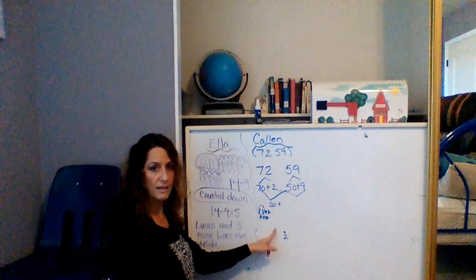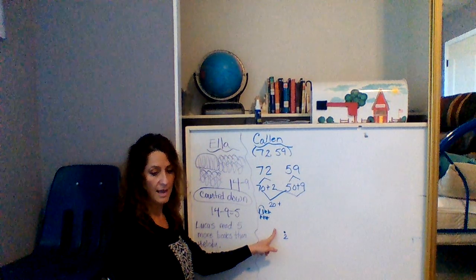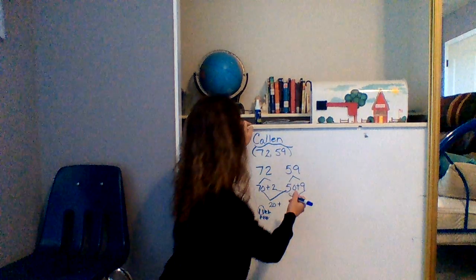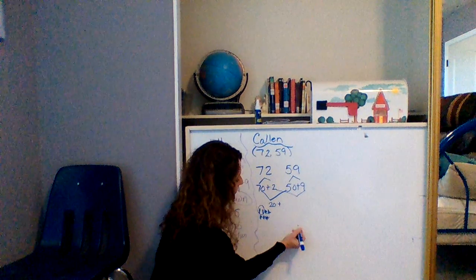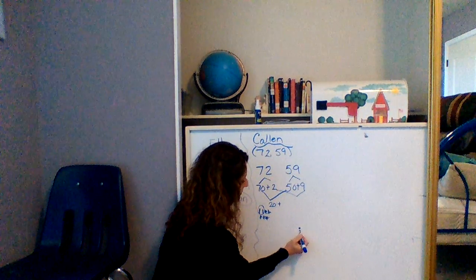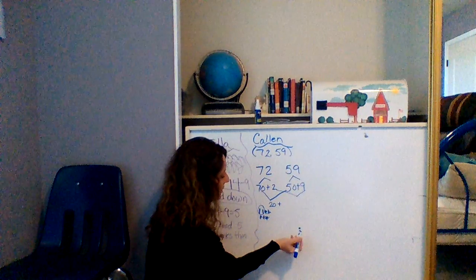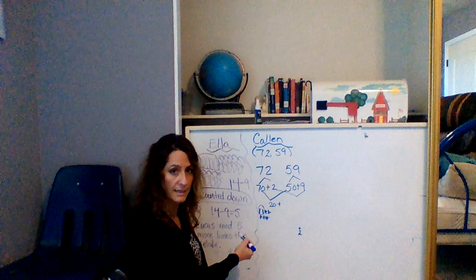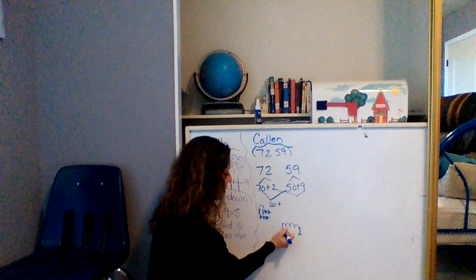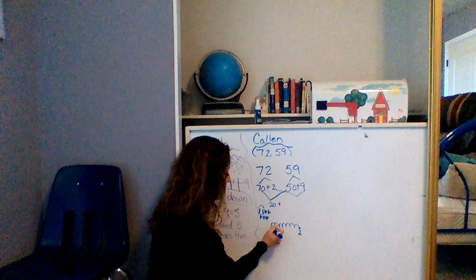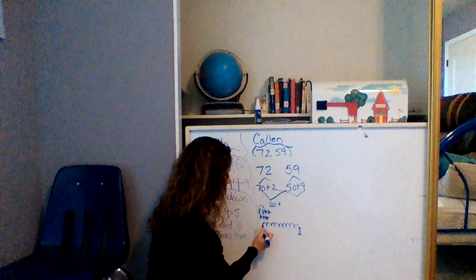And we can really subtract 9 if we wanted to. But it just goes into our negative numbers, doesn't it? 2. And then we're going to hop back 9, okay? 1, 2, 3, 4, 5, 6, 7, 8, 9.